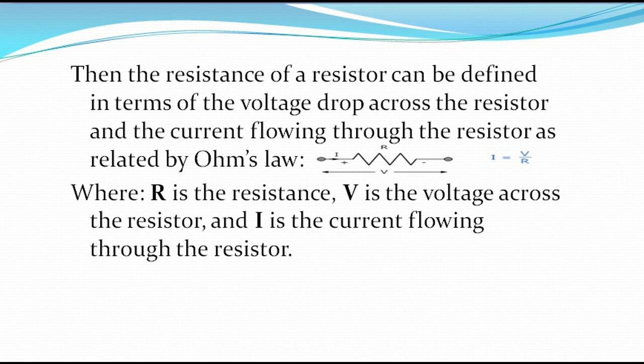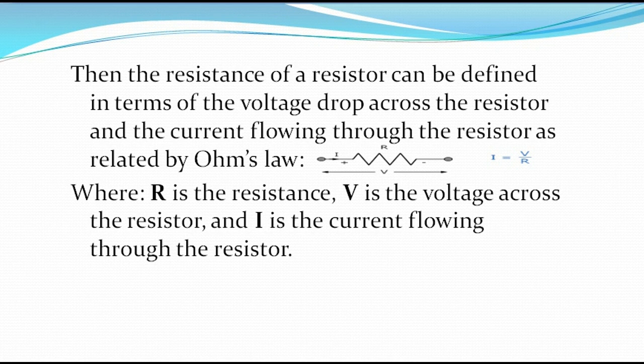By the way, this is a symbol of the resistor, while this one is a symbol of voltage. This V stands for voltage, this stands for resistance or resistor, while this one here stands for current.